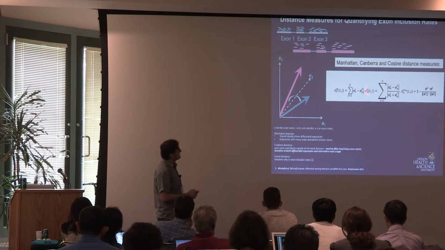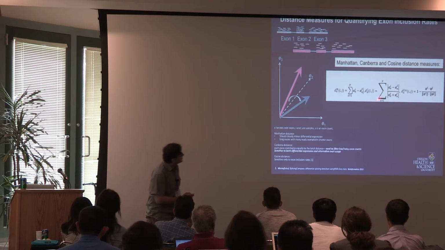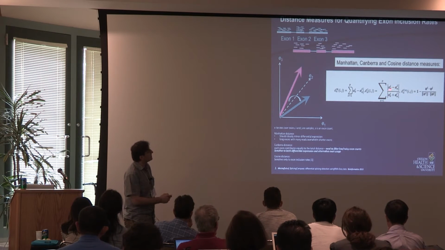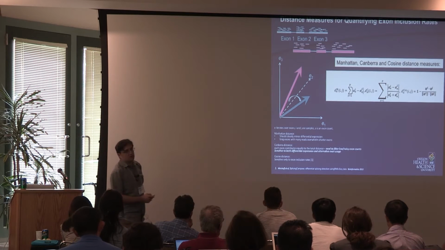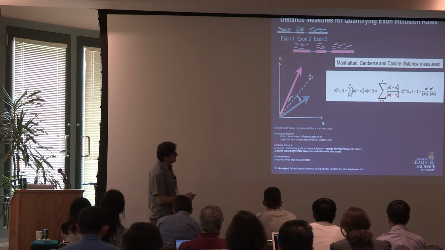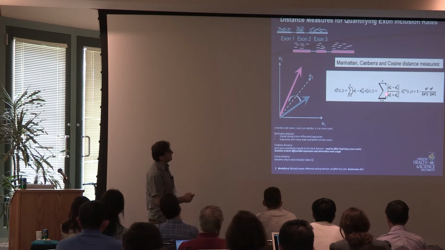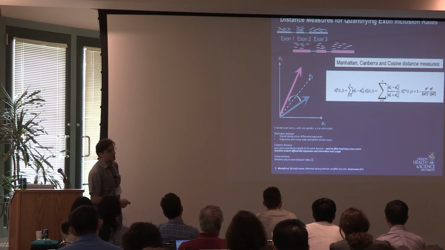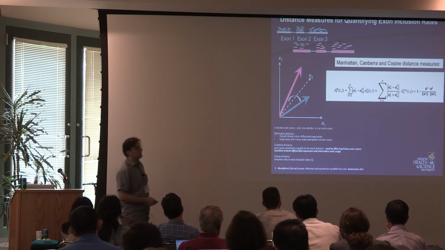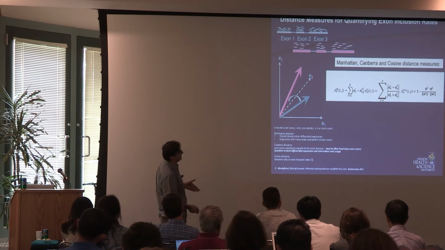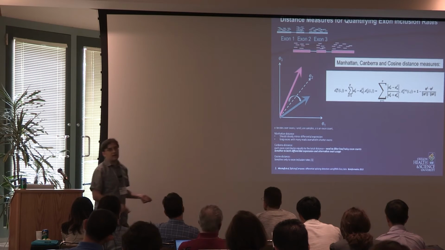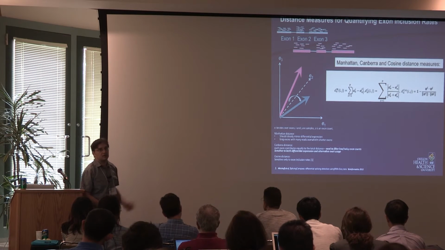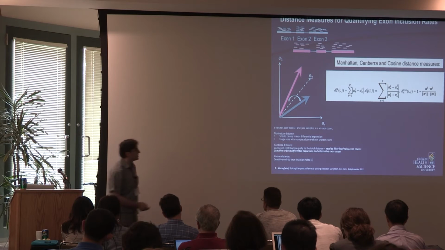The Canberra distance measure is a little bit different. You still subtract the expression level of each exon, but you normalize it by the sum of the counts for those exons. So for instance, suppose that you didn't normalize your data using RPKM or FPKM or other available normalization procedures.